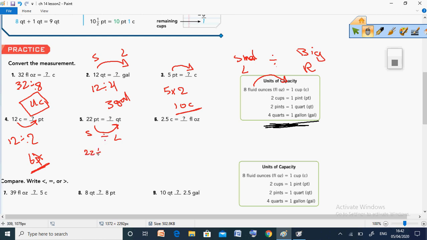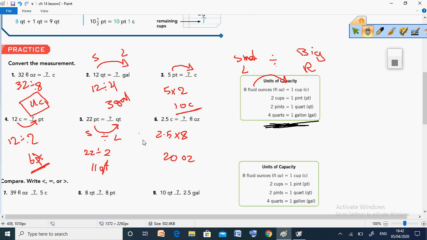So 22 divided by 2, I will get 11 quarts. Again here, 2.5 cups to fluid ounces. From cup to ounces we have to multiply, so 2.5 times 8 is 20 ounces.